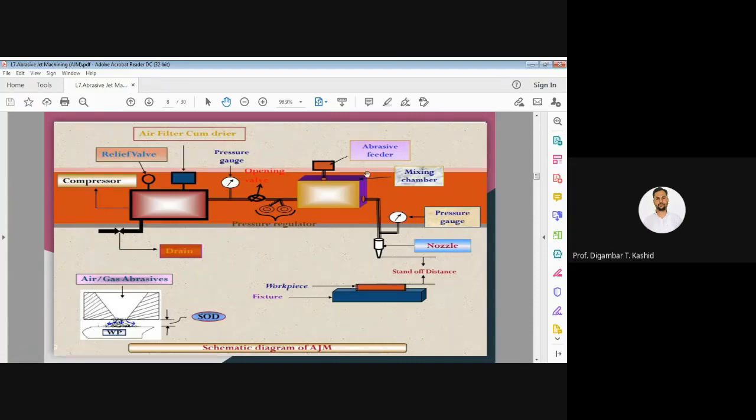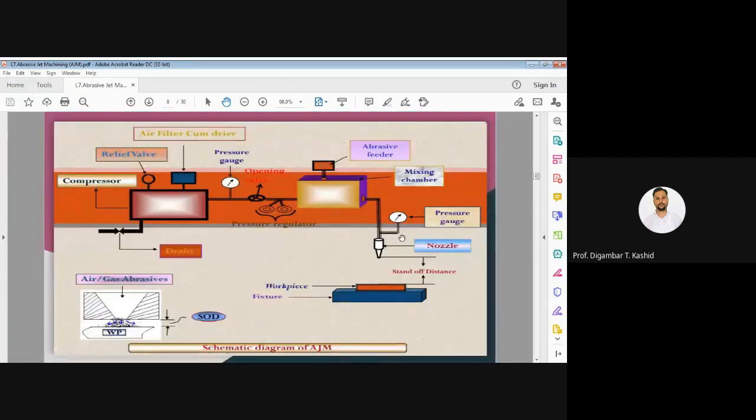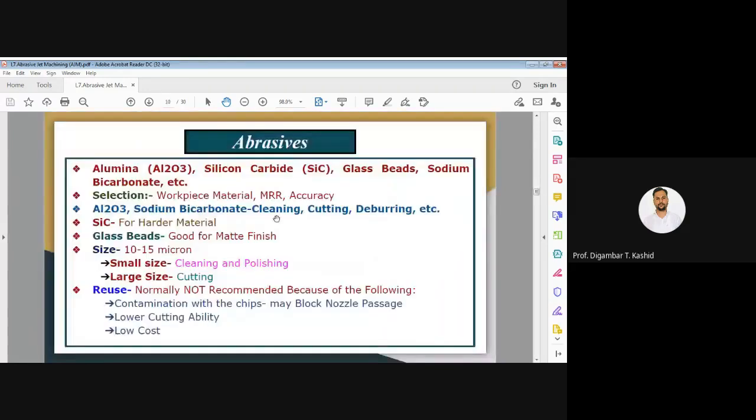Then move to the next element, that is your AGM nozzle, this part. The first question that arises is: what is the material of this AGM nozzle? The material for an abrasive jet machine nozzle is normally tungsten carbide or sapphire.